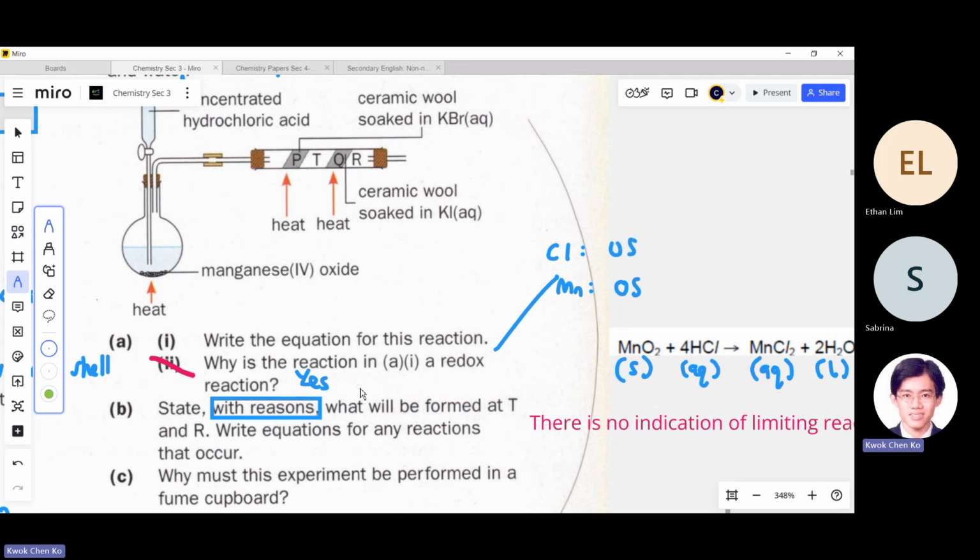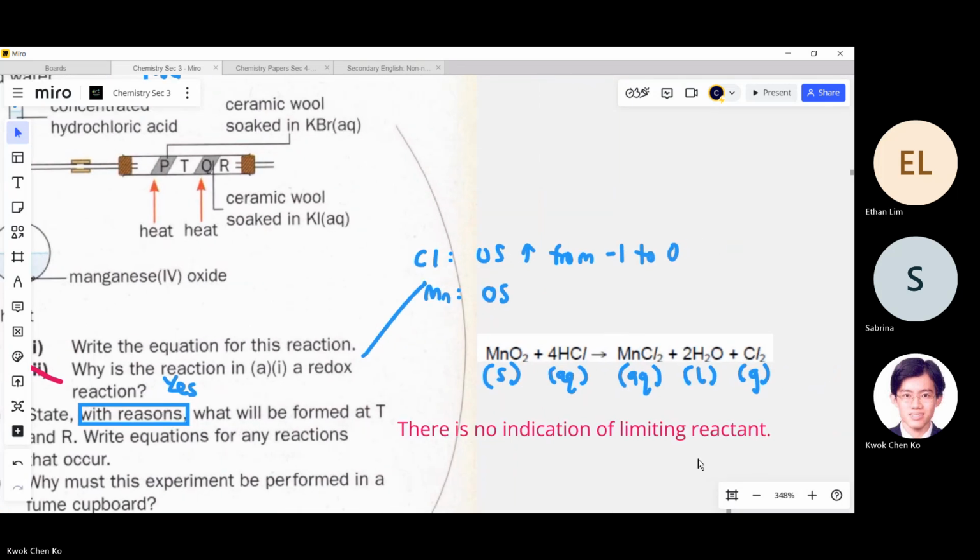For Cl, the oxidation state increases from -1 to 0, whereas for manganese, the oxidation state decreases from +4 to +2.